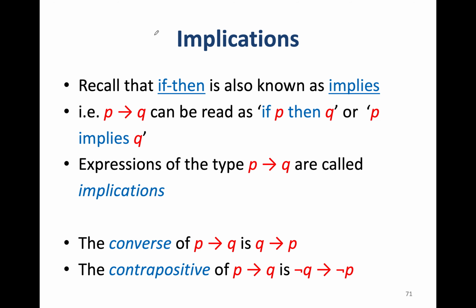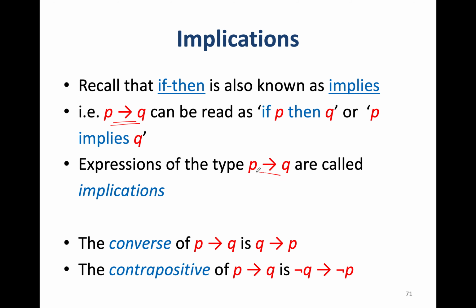Implication, as we discussed in the beginning of the last session, is the if-then connective. It's also known as implies. It's written with this notation and can be read as if P then Q, or P implies Q. All right.